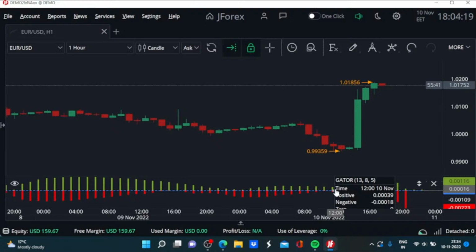And whenever there is a sharp move, first you will notice that the smallest calculation period moving average is going to follow suit the price action. That means the difference between the 5 period moving average and the 8 period moving average is going to expand first. After that, the difference between the 13 period moving average and the 8 period moving average is going to expand.